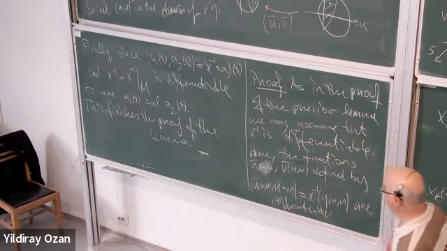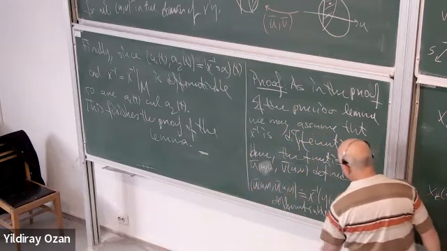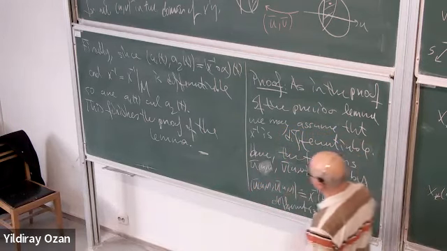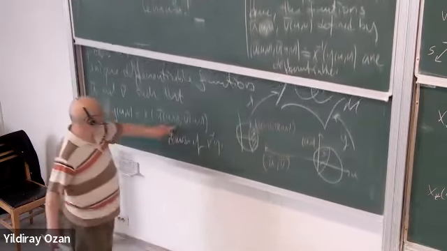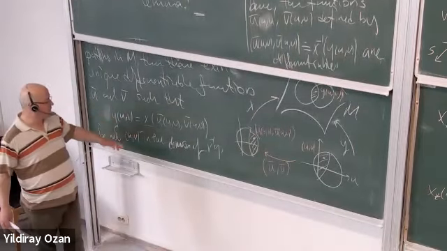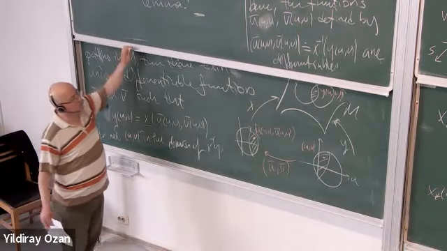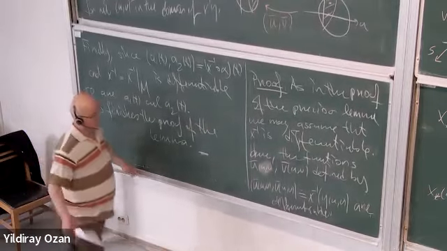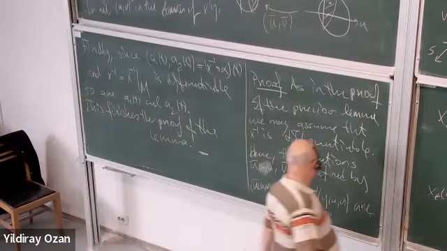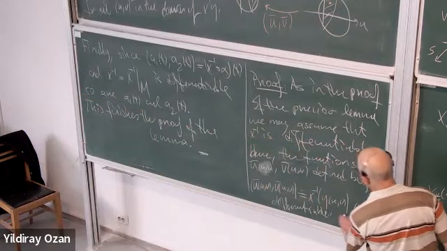And clearly this u bar v bar satisfies this equation, because you just take this x inverse to the side. And uniqueness can be seen easily also. So this finishes the proof.